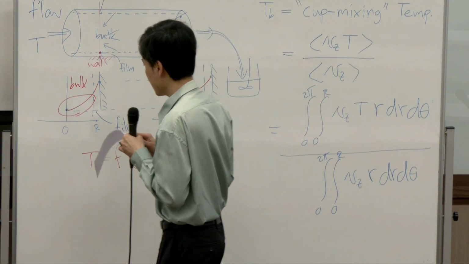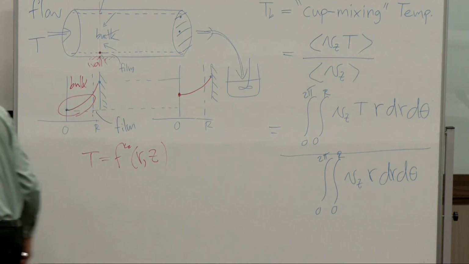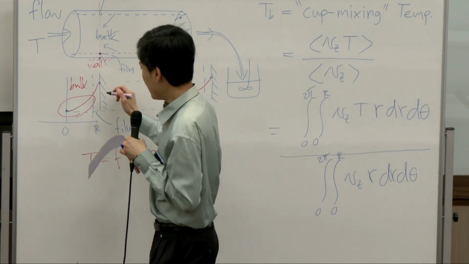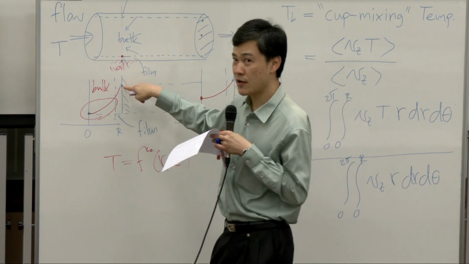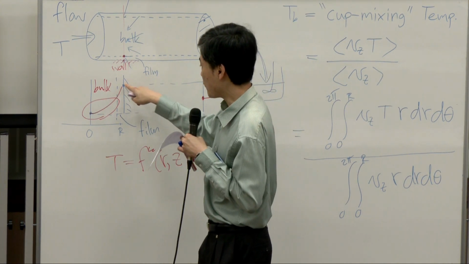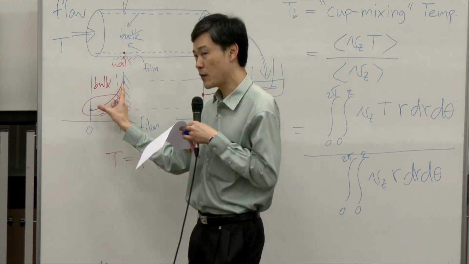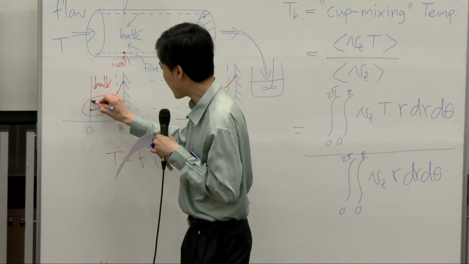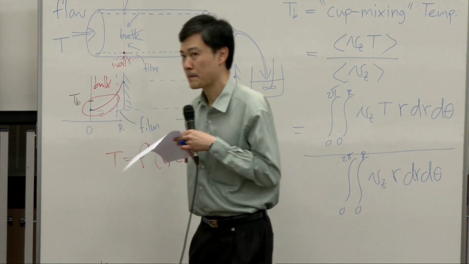Let's say this black line. So from the center to the temperature near the wall, I do the calculation of TB. Of course, TB cannot exceed these two limits. It has to stay in between. So let's say this is TB.